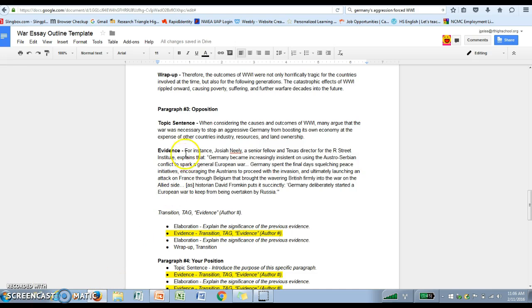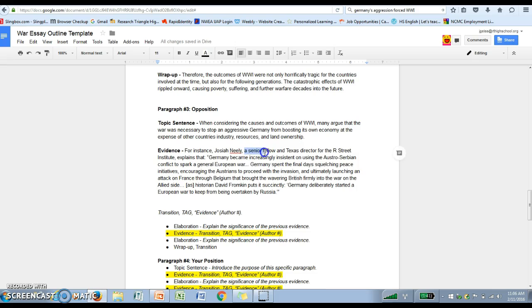For starters, please remember that you should be starting your evidence with a transition. For example, "for instance," or "studies show," some kind of transition that indicates to your readers that they are about to read a piece of evidence. Next, make sure to provide context for where this information came from. So here I put the author's name, Josiah Neely. But in addition to that, I put who he is.